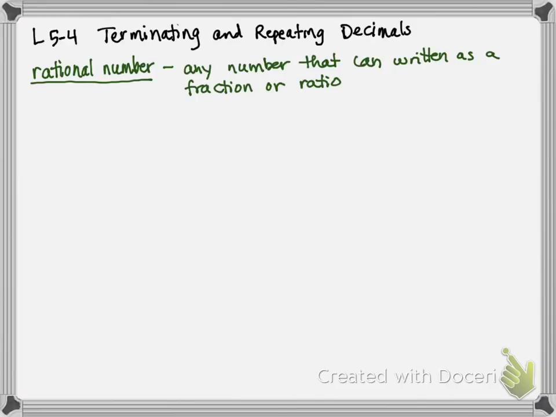Under this rational number category, we do have some decimals that are considered to be rational. In order to be rational, we need to have decimals that terminate.